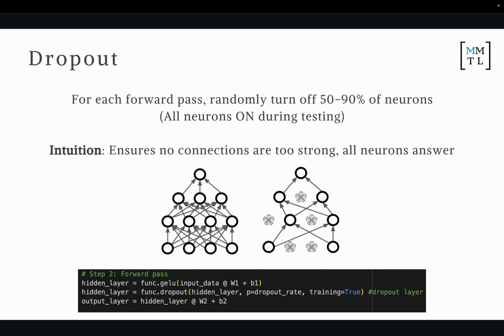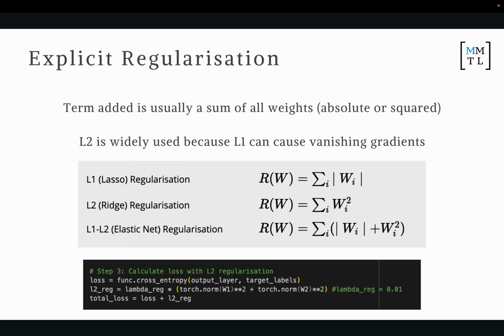And similar to L1, where you only add the absolute value, your parameters could tend to 0. Because if you have the sum of your parameters as part of your loss function and you're minimizing loss, then the unnecessary ones would tend to 0.